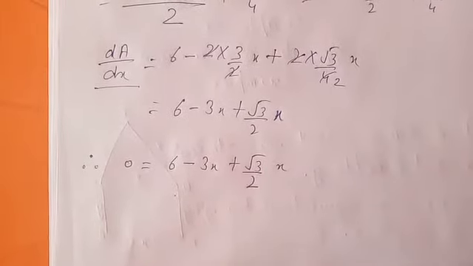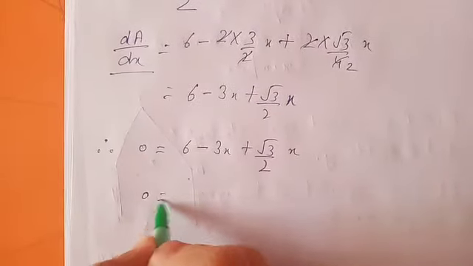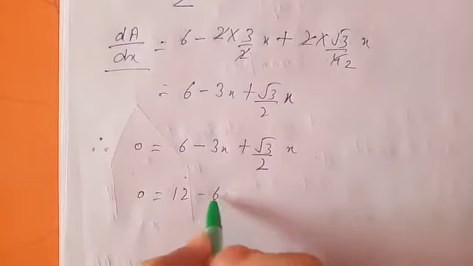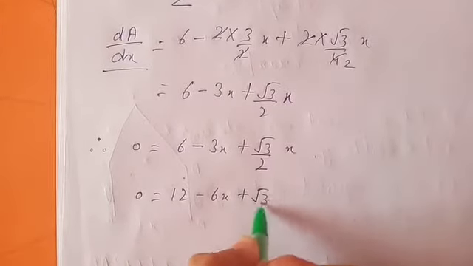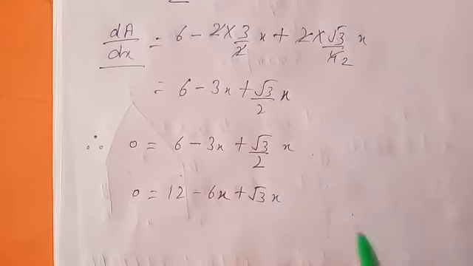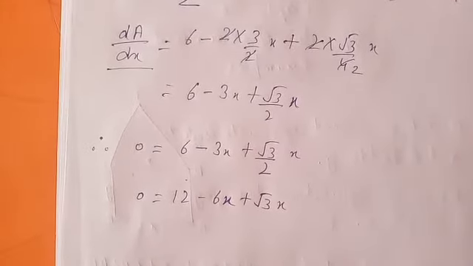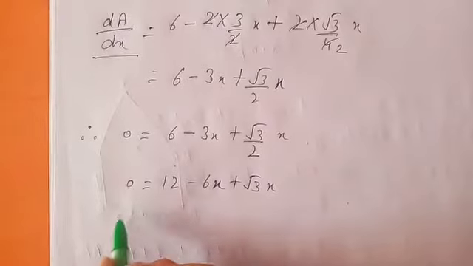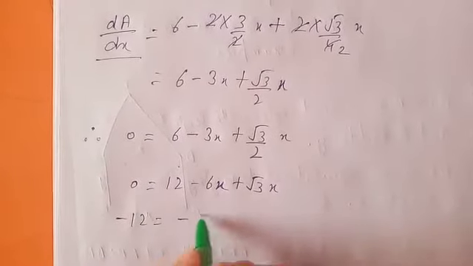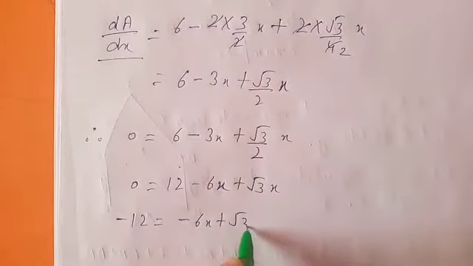Now this is equal to 0. I can take LCM as 2, so I will get 0 is equal to 12 minus 6x plus root 3 x. Now minus 12 is equal to minus 6x plus root 3x.